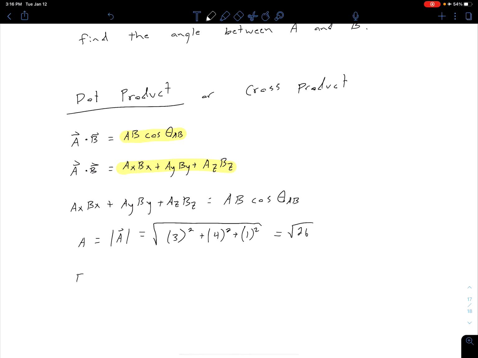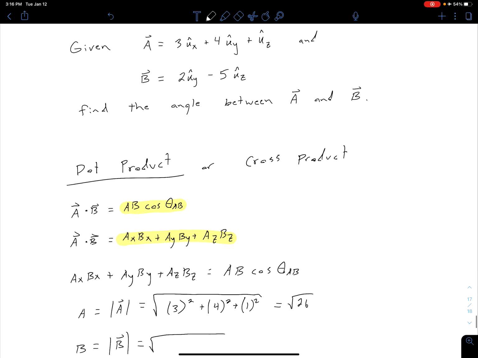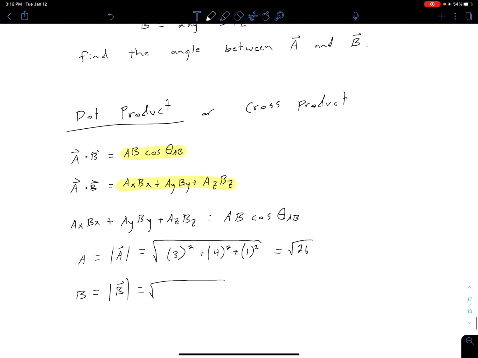Similar thing for B, so we can say B is equal to the magnitude of our vector B. We actually only have two components for B, 2 and negative 5. So our magnitude of B is going to be the square root of 2 squared plus negative 5 squared, which is equal to the square root of 29.